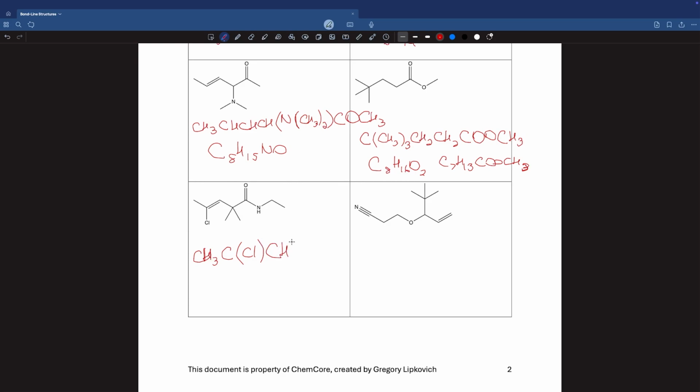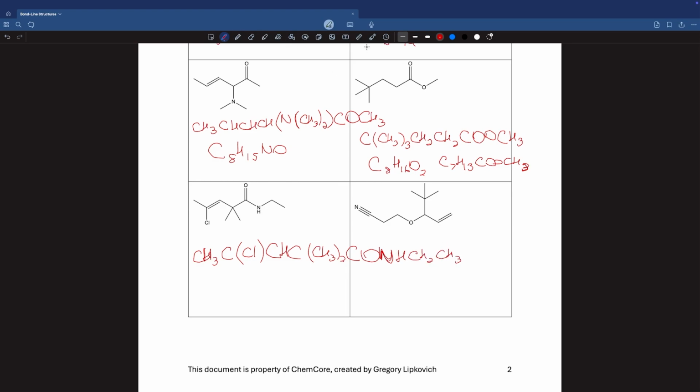And then it's connected to another carbon that has 4 bonds, so no hydrogens, and 2 terminal branch points, so CH3, 2. And we have a carbon right over here with an oxygen branching off, so CO, and then N, and H connected to the nitrogen, and then CH2, CH3.